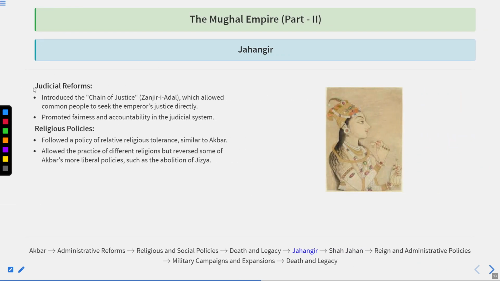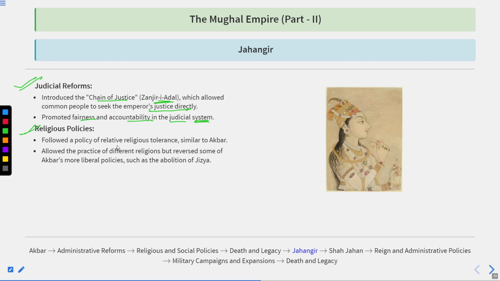Some judicial reforms during the time of Jahangir. He introduced the chain of justice, Zanjir-e-Adl, which allowed common people to seek the emperor's justice directly. He also passed 12 ordinances for public welfare, promoting fairness and accountability in the judicial system, as well as some religious policies.